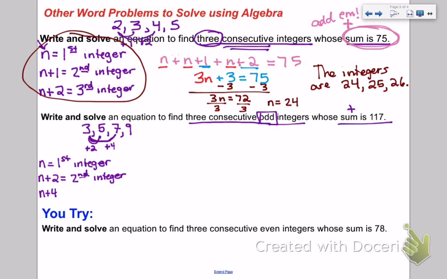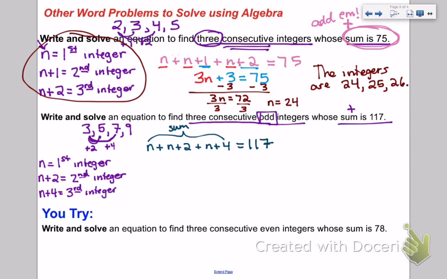So my third integer is going to be represented by n plus 4. So now that I've defined those, again I'm taking the sum. Sum means add them all up. So I am going to add n plus n plus 2 plus n plus 4. That is the sum. And it tells us that that is equal to 117.